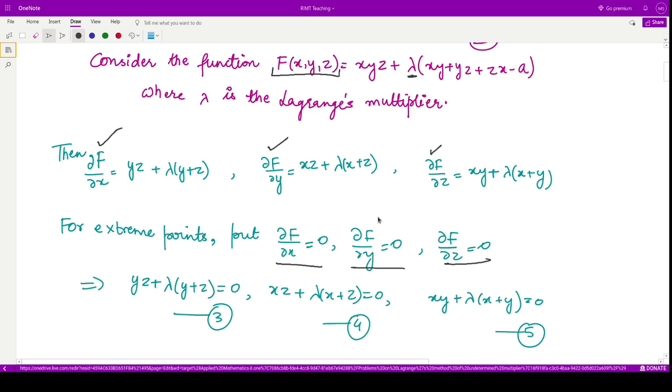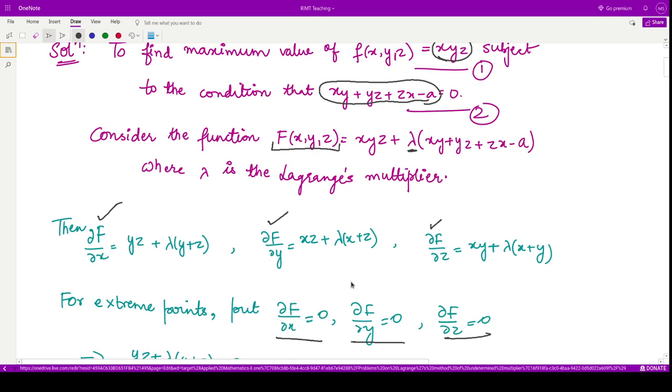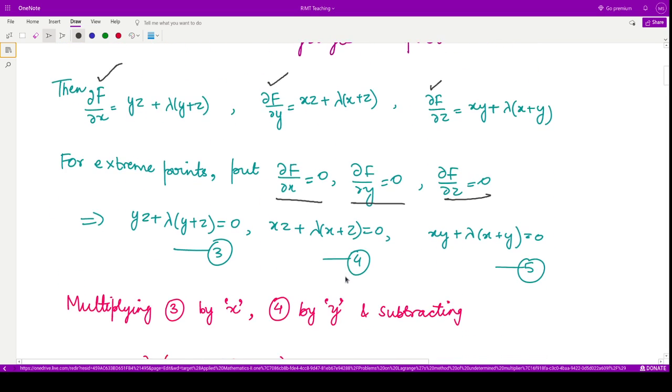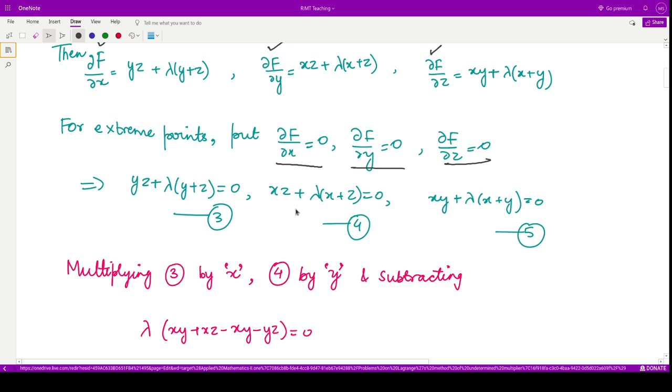So one equation is equation 2, and the others are equations 3, 4, 5. So what we have to do, we have to eliminate x, y, z, and we have to find out the values of x, y, z and lambda corresponding to these 4 equations. So what we do, we multiply equation 3 by x and equation 4 by y.